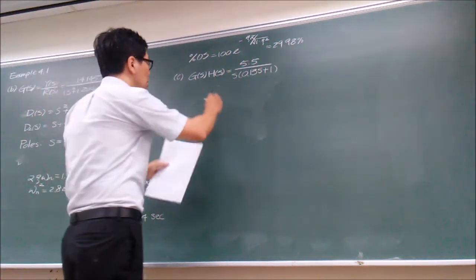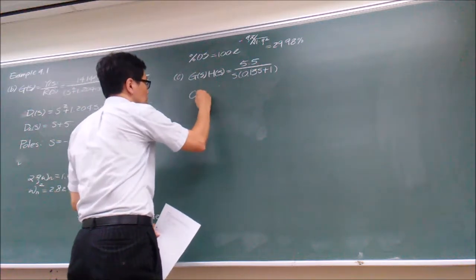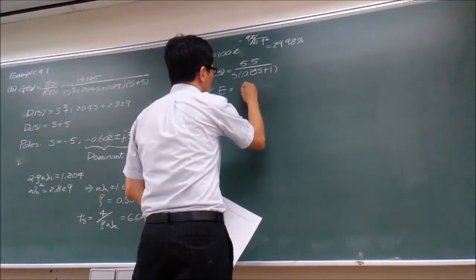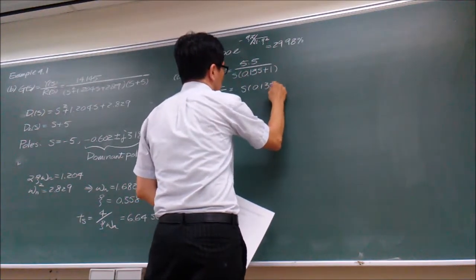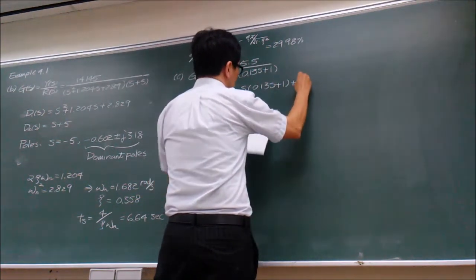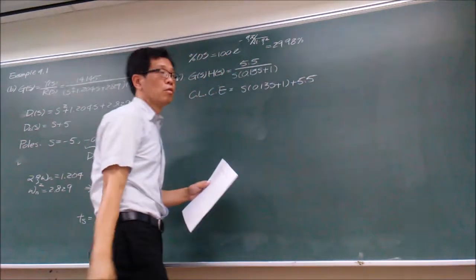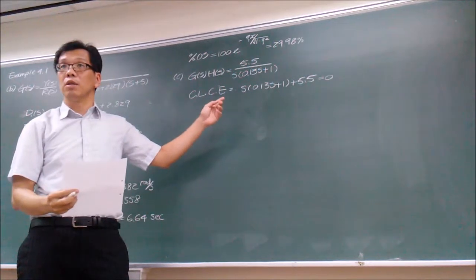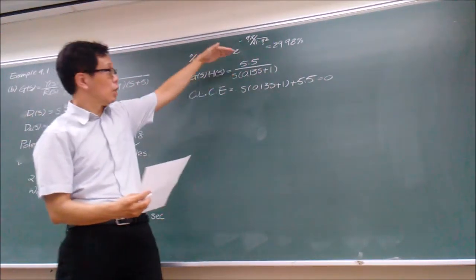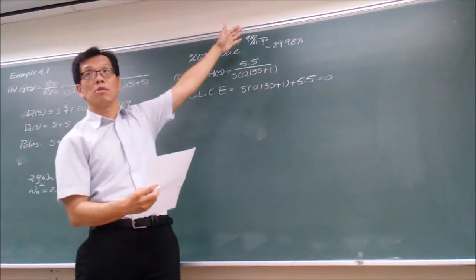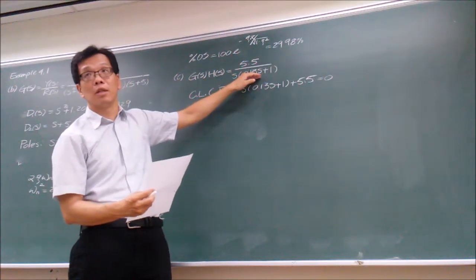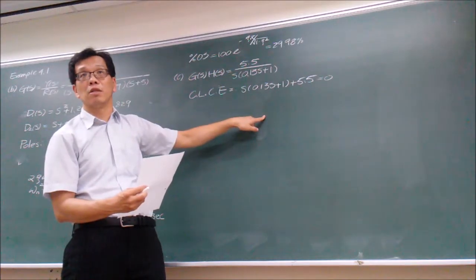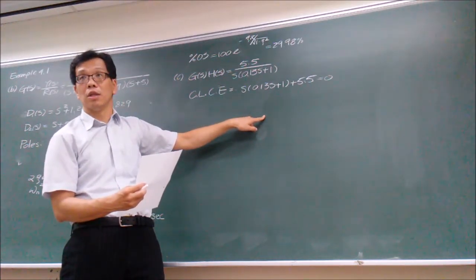So we need to come up with a closed loop transfer function, closed loop characteristic equation. That is going to be S equals. And does everybody understand why I get this one? Because it's going to be 1 plus this one, and the denominator is going to be something else. So you just need to put the denominator multiplied by 1 plus 5.5. That is how we get this characteristic equation.